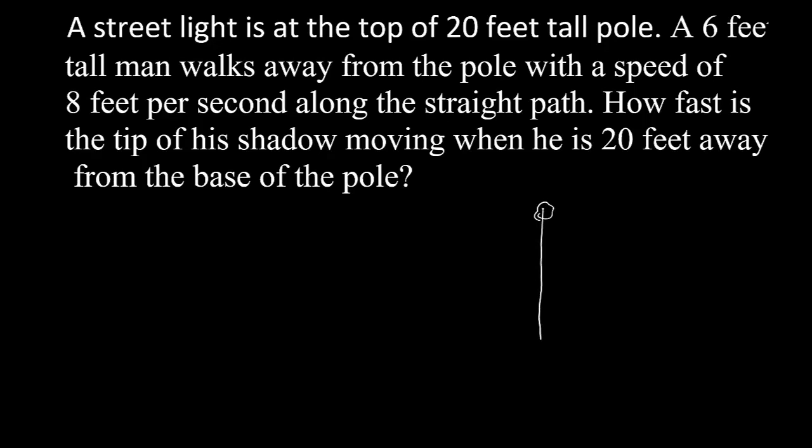And we have a light here. This is the light. And the man is walking away from the pole. Let me make a diagram like this so that it is walking. Now, we know that this distance here is 6. This is 20 feet.